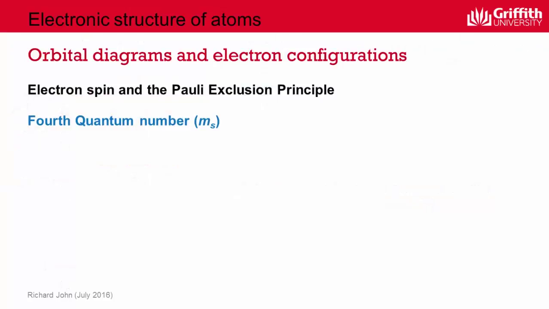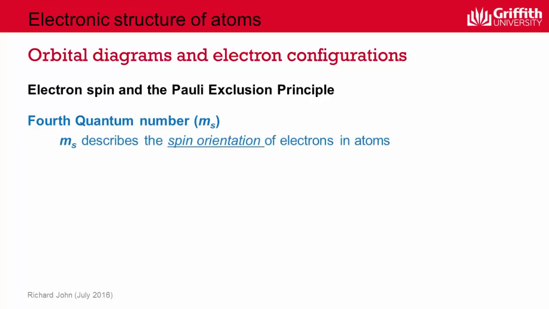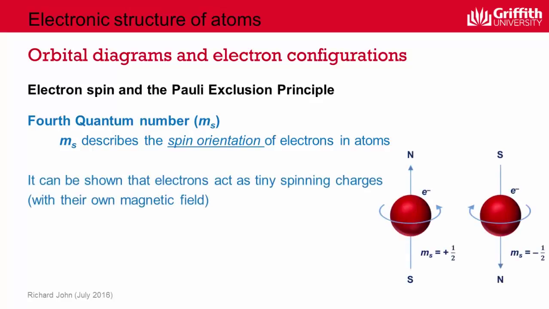Now, to complete the picture of electronic structure of atoms, we need to consider a 4th quantum number. The electron spin quantum number describes the spin orientation of an electron, and it can be shown that in the presence of a magnetic field, electrons behave as tiny spinning magnets with their own magnetic field.